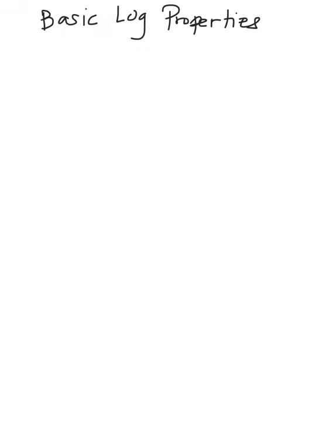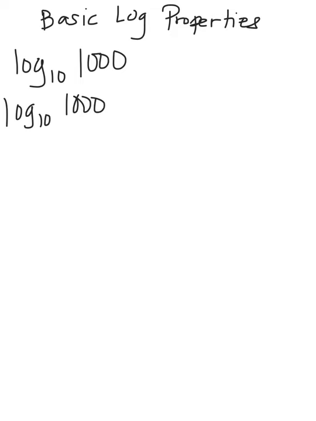All right, so let's say we want to know log 10 of 1,000. And then we want to do log 10 of 10,000. We want to do log base 10 of 100,000. Well, the first one is asking 10 to what power equals 1,000.